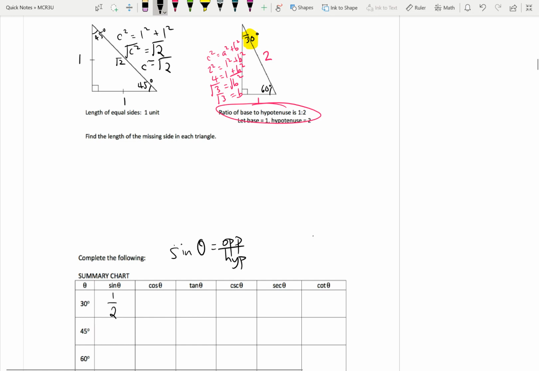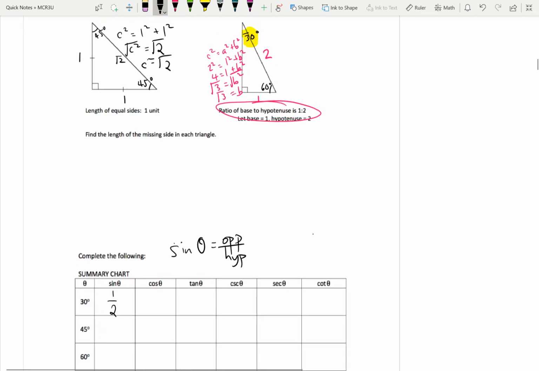I'm going to continue using the sine ratio, opposite over hypotenuse, on the 45 degrees. Now I have two choices of 45. You can use either one, it doesn't matter. I am going to figure out what the opposite over hypotenuse is. So opposite is 1, the hypotenuse is root 2, so that's 1 over root 2.